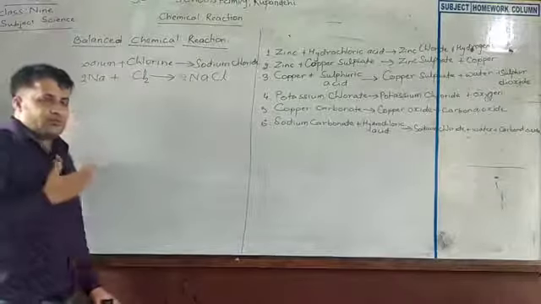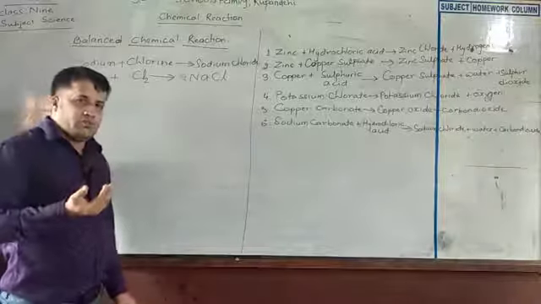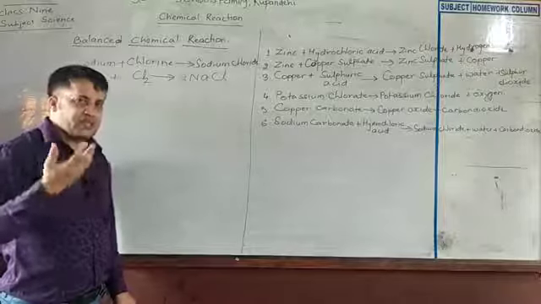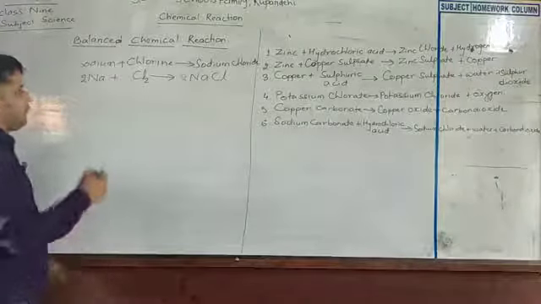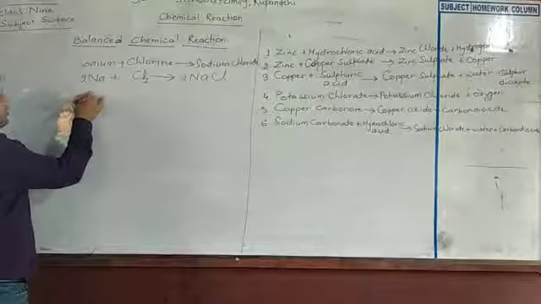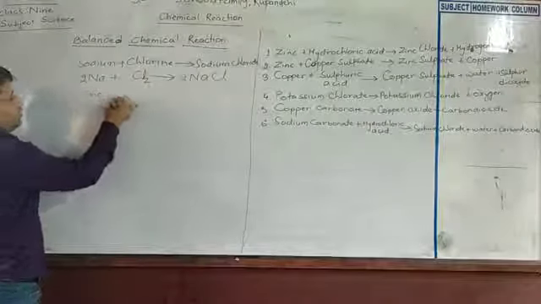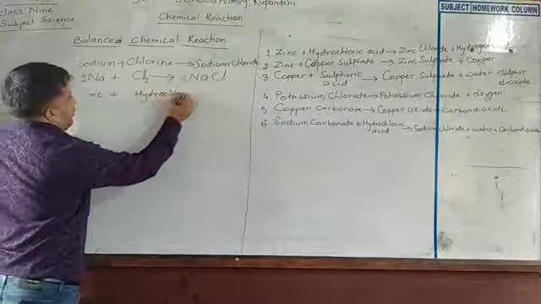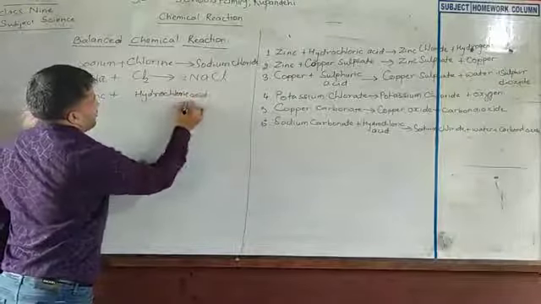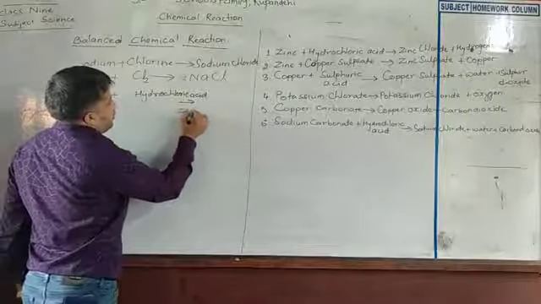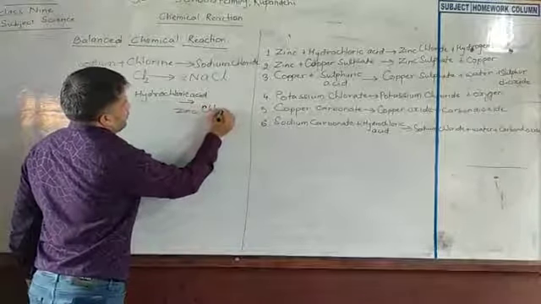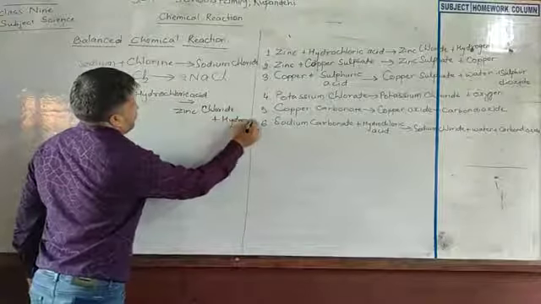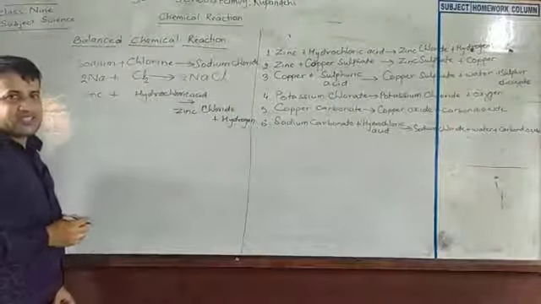While balancing, we have to understand that oxygen will be balanced second last, and hydrogen is balanced at last. So let's write: zinc plus hydrochloric acid gives zinc chloride plus hydrogen. This is the word equation that we have to convert into a balanced chemical equation.